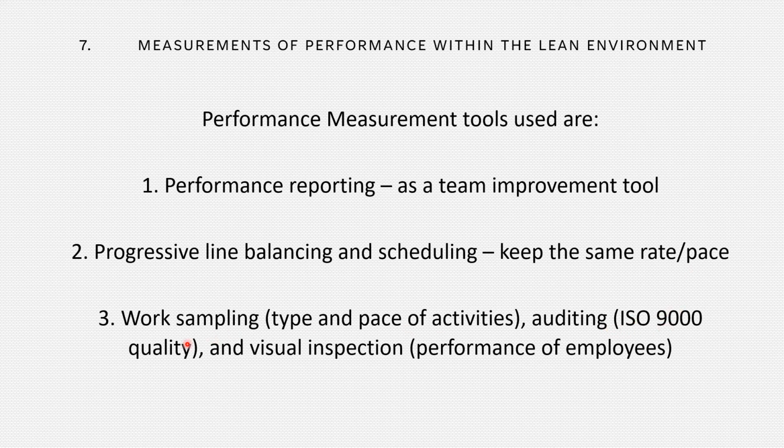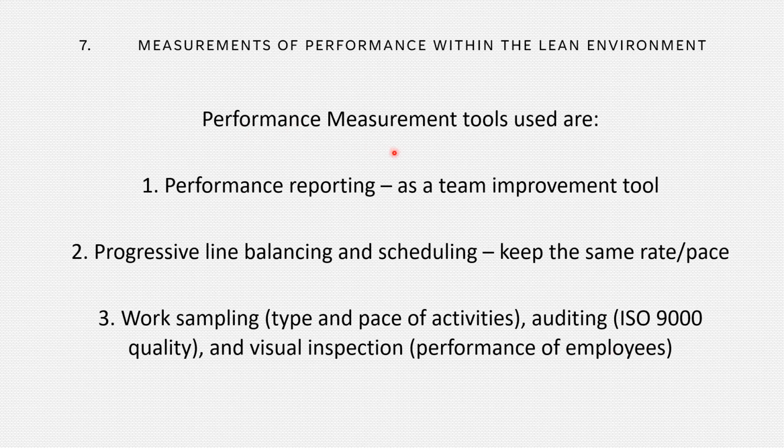ISO 9000. That's what we use as a standard to do auditing for a lean environment. It's not only 9000; there are many different variations depending on the nature of the business. And then visual inspection, you inspect by looking. So again, you are monitoring your employee performance.